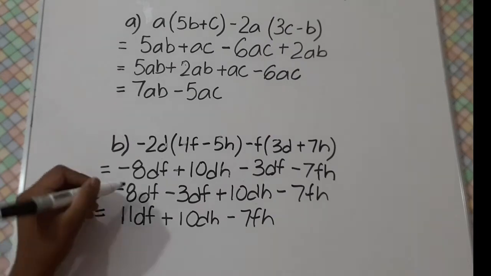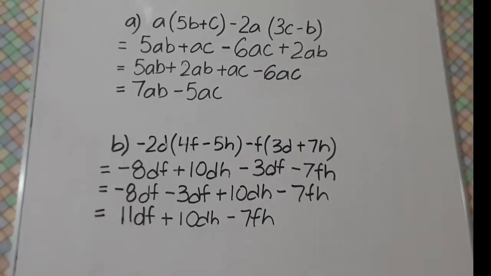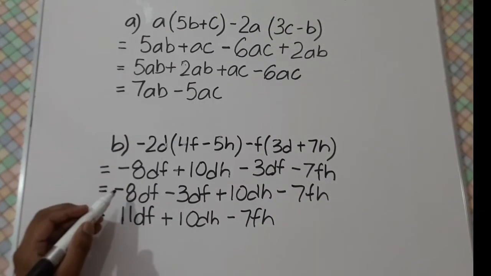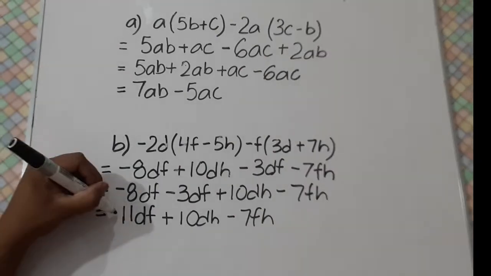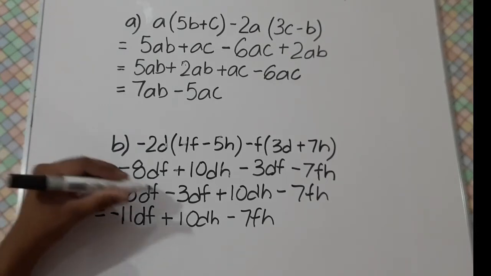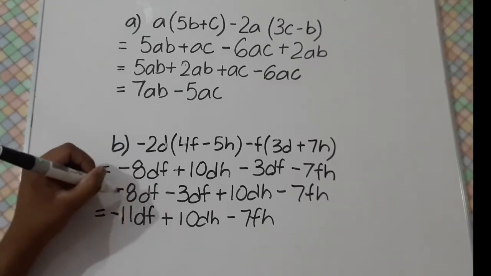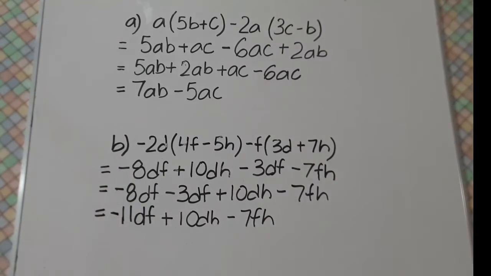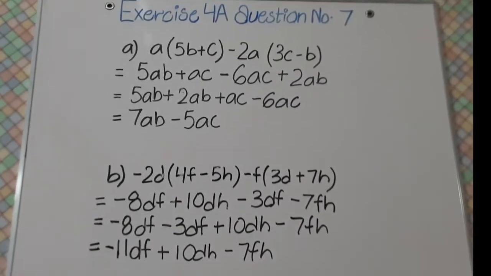Since 8 was already negative and we are adding 3 to it, the answer would be negative 11. So this was part B and part A of question number 7.